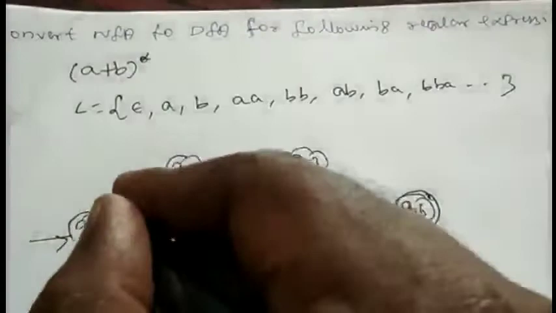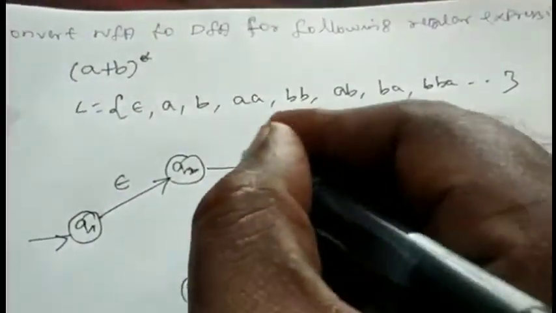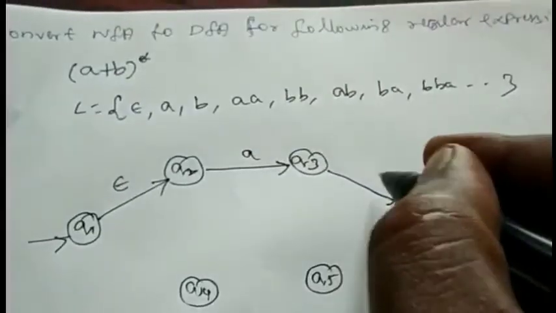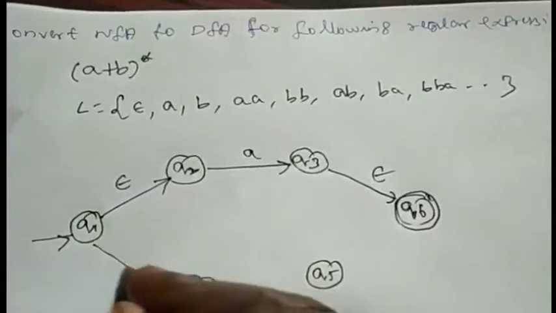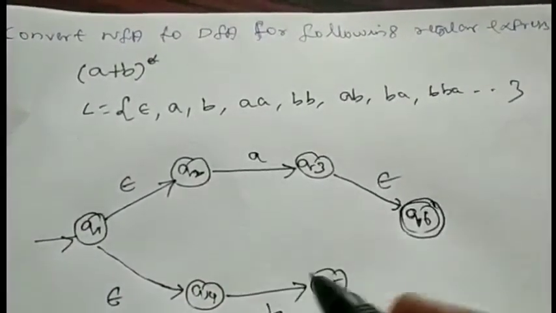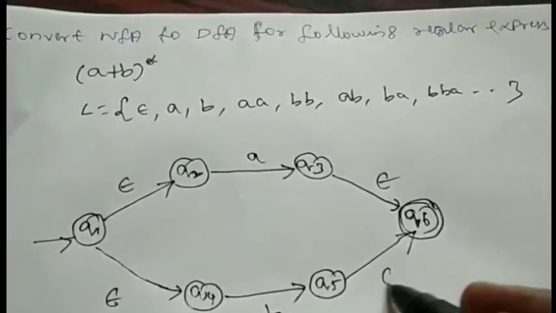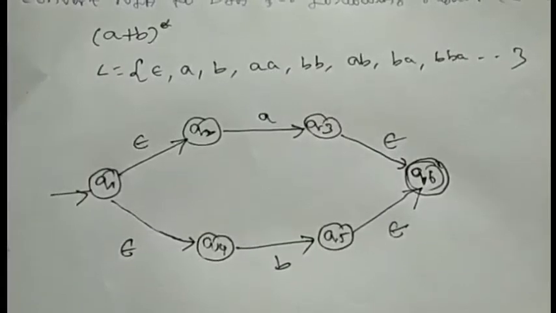The topmost path I use for A, so I make epsilon here, and then A, and then epsilon, so this path is meant for generating A, whereas for this path, epsilon, then B, and then epsilon here. So this path is used to generate B.